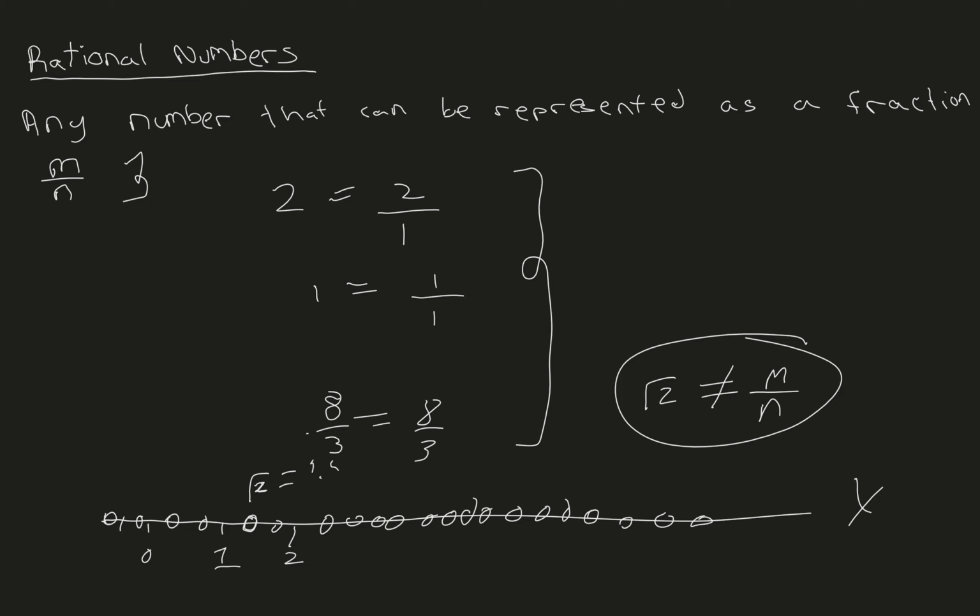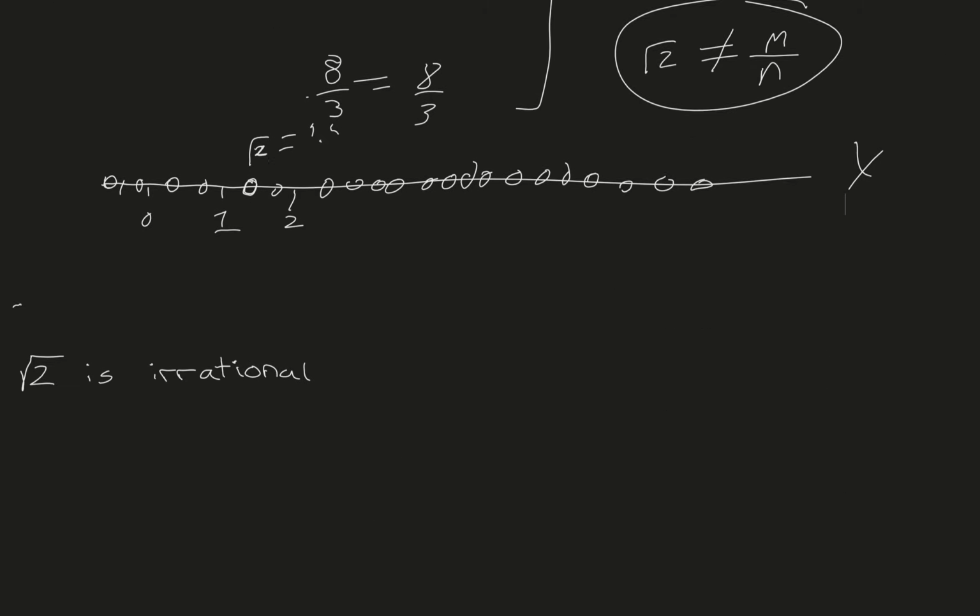Before we do that, let's take a look at why root 2 cannot be expressed as a fraction and why root 2 is not a rational number. Basically, root 2 is an irrational number. So let's do the proof of this. We're going to do a proof by contradiction, because remember, proof by contradiction is a very useful proof technique.